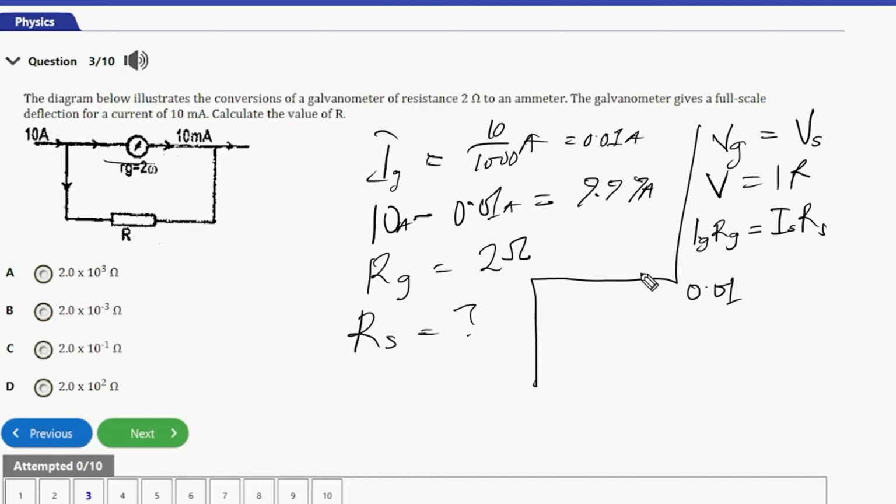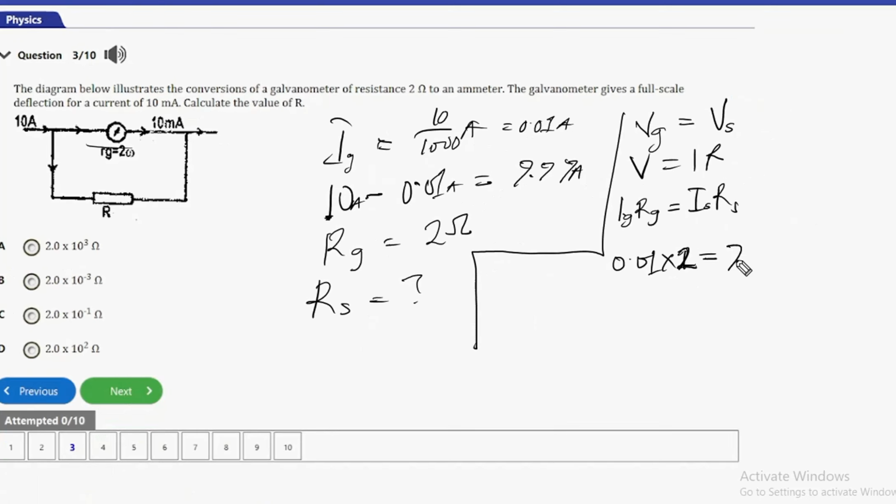R in the galvanometer is given from the question as 2 ohms. So this would be 0.01 times 2, and that's equal to I in the shunt, which we just calculated, 10 amps minus 0.01, that's 9.99 amps, times RS, which is what we are looking for, the resistance of the shunt.